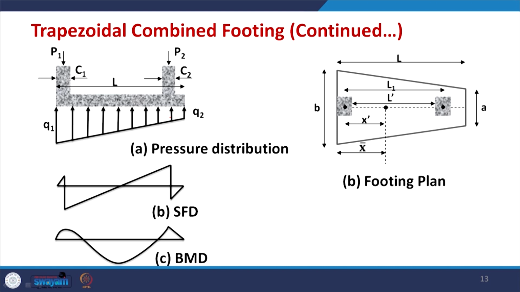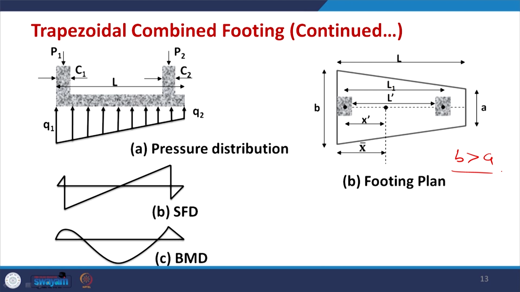So, in this case you do not have a choice, rather we go for a trapezoidal combined footing, and in the case of trapezoidal combined footing the plan of the footing is shown here, which has the larger dimension under the heavier load. That means B is greater than A. In this case they are not equal, B is greater than A, while for the rectangular footing B was equal to A, that means both the sides were the same.